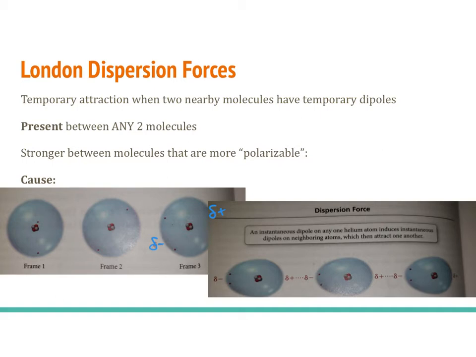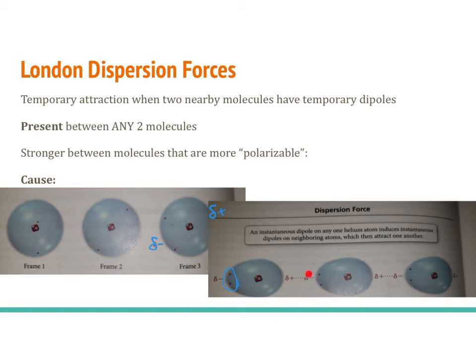Now what happens if one molecule happens to get its electrons on one side, so it gets a temporary dipole. It's got a negative side and a positive side. There's going to be another atom or molecule nearby. When this molecule gets a temporary dipole, it becomes polarized for a minute, has two sides, negative and positive, and it can induce a nearby molecule to become polar.